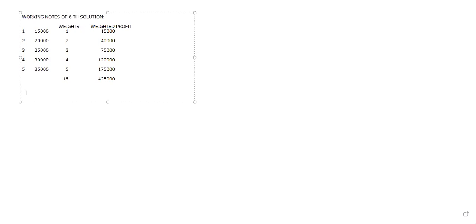Therefore, weighted average profit is equal to weighted profits divided by weights. 4,25,000 divided by 15.